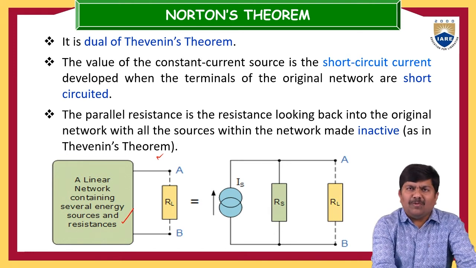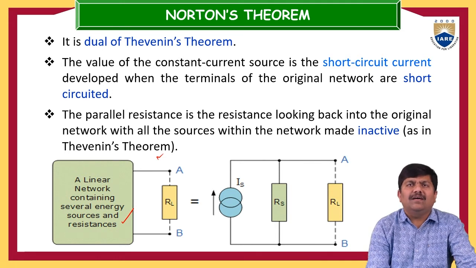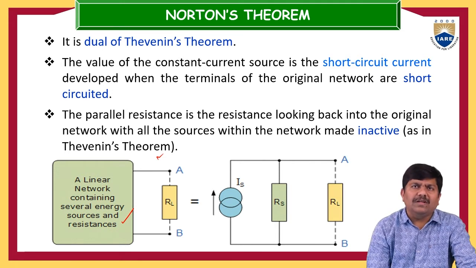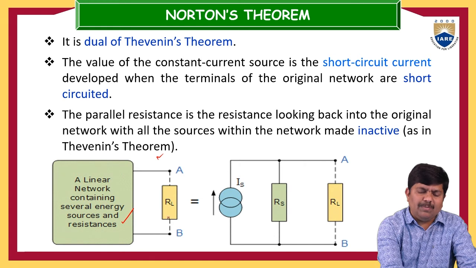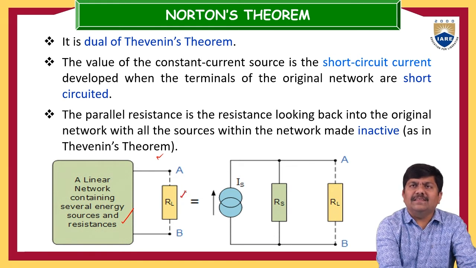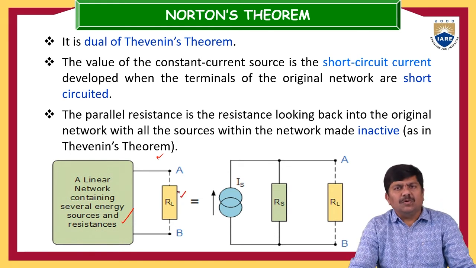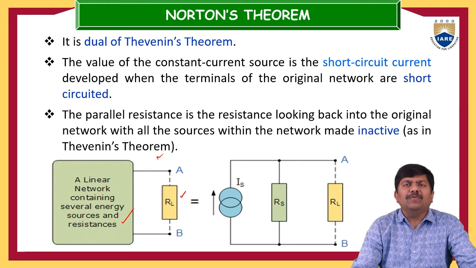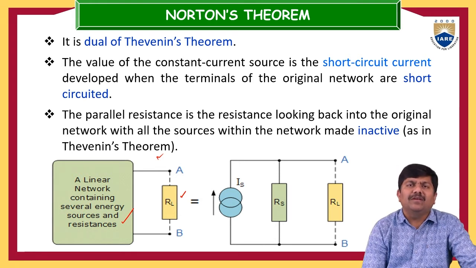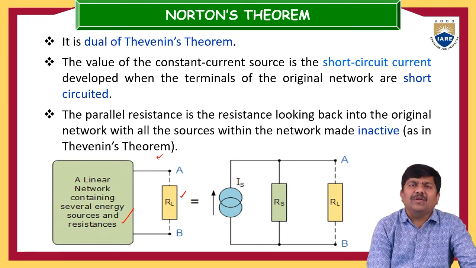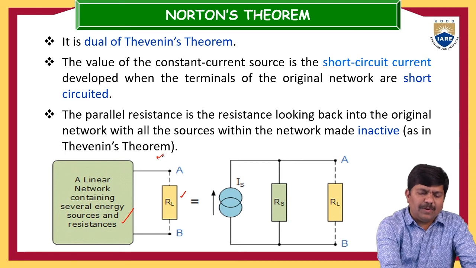After that, whatever element we have completely pulled out of that network, we keep between terminals A and B, that is nothing but the load resistance. So whatever the structure of the given network, you have to simplify and rearrange it without losing its generality into this particular fashion.